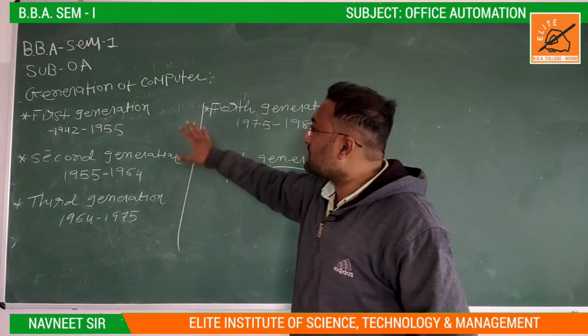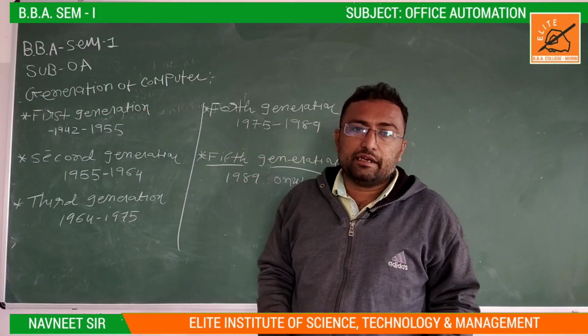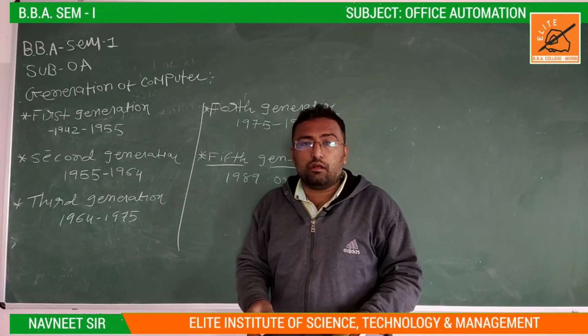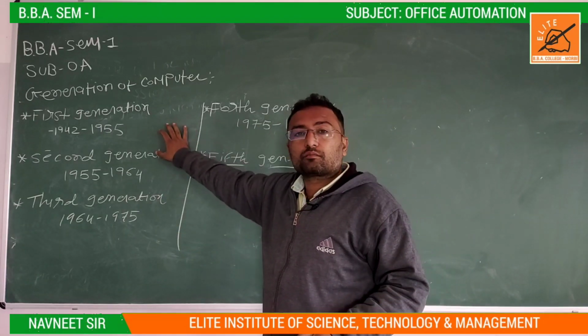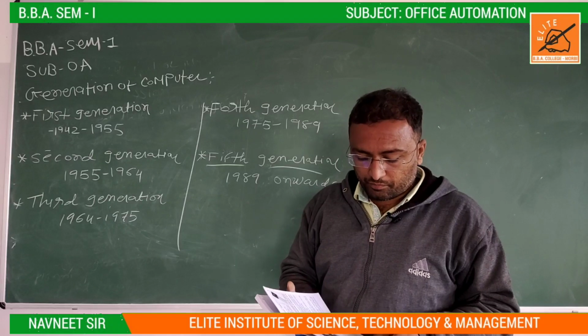Means we can say that first generation computer was very big in size. It generates heat because vacuum tubes generate heat, and its processing power was slow.